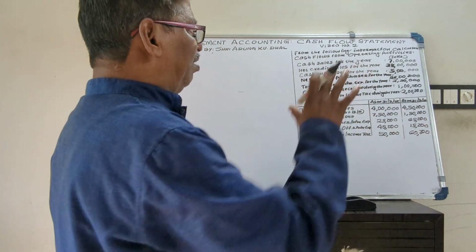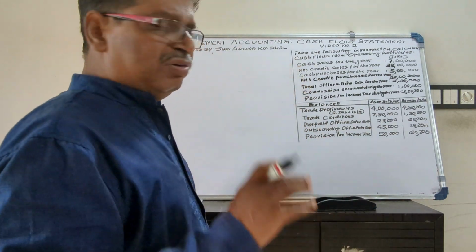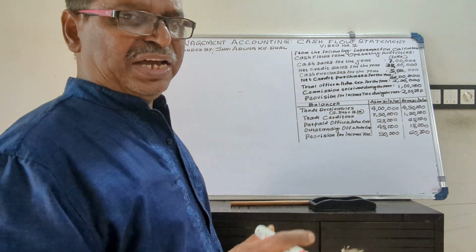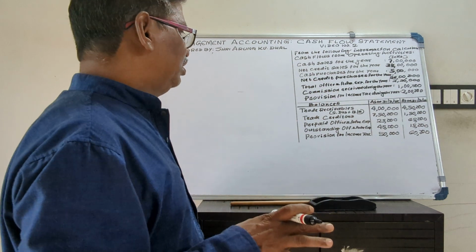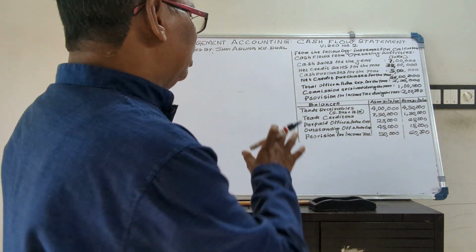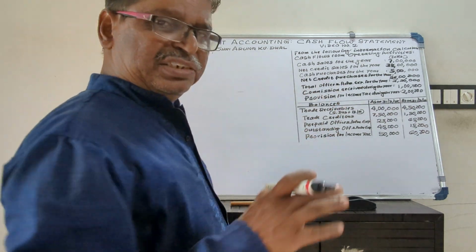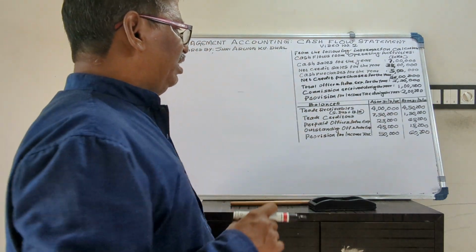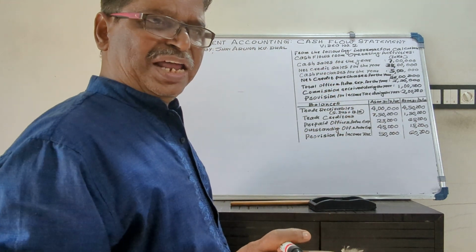Then provision for income tax, every year from out of net profit we have to keep certain provision for payment of income tax. Say it is 20% or 15% as per the norms. Then below it is given, this is the balance sheet, and in case of cash flow statement we have to consider the opening balance and the closing balance.